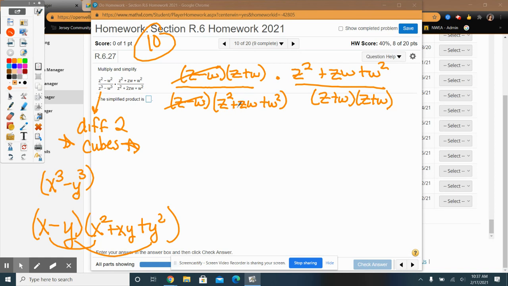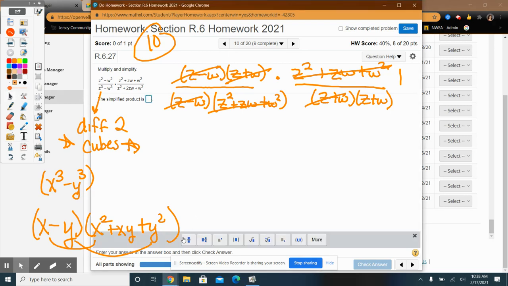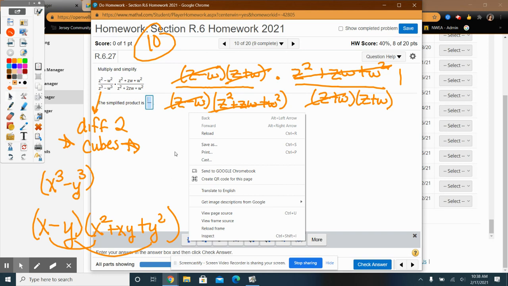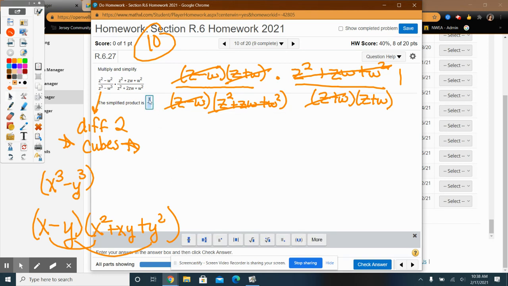And then this big piece here will simplify out with this big piece here. One of the z plus w's will simplify, and then you have nothing left on the top except a 1. And on the bottom, you would just have a z plus w. So you have a 1 on the top and a z plus w on the bottom.